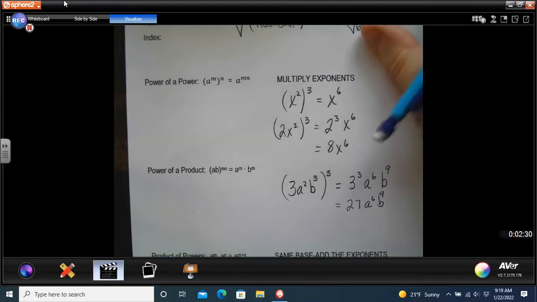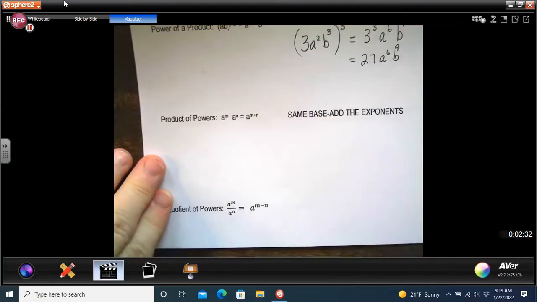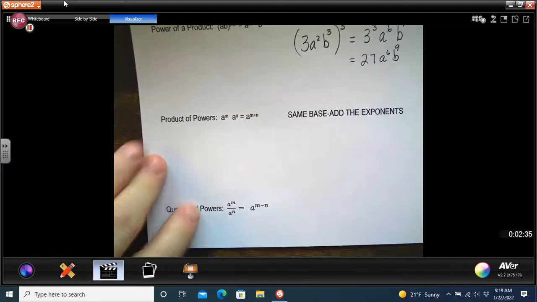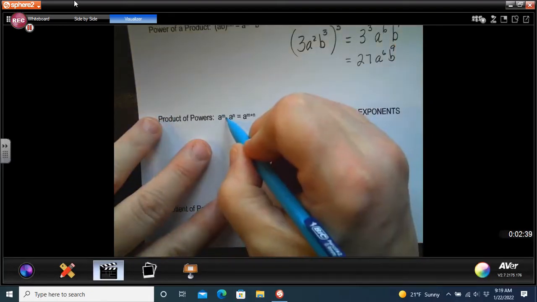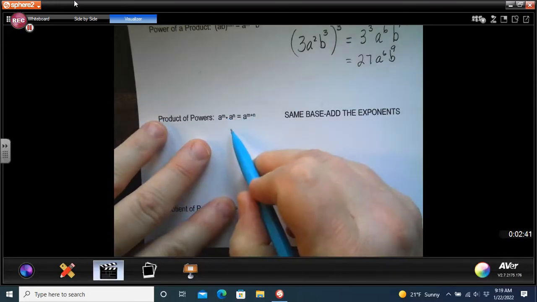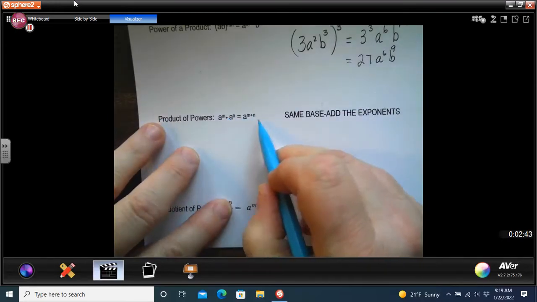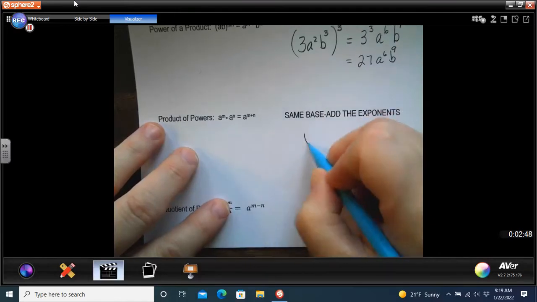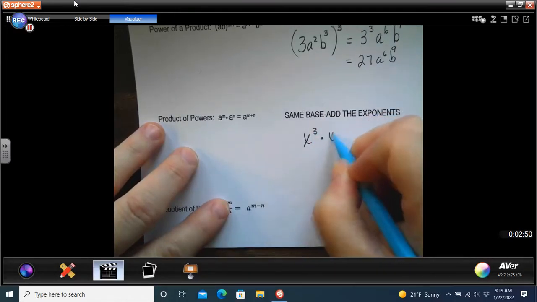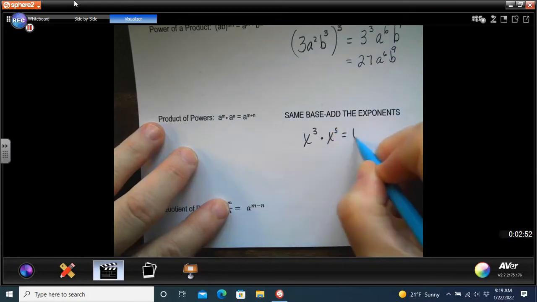Okay. Then we have a situation where I call it the same base. So when we have a to the m times a to the n, we add the exponents: a to the m plus n. So x to the third times x to the fifth is x to the eighth.